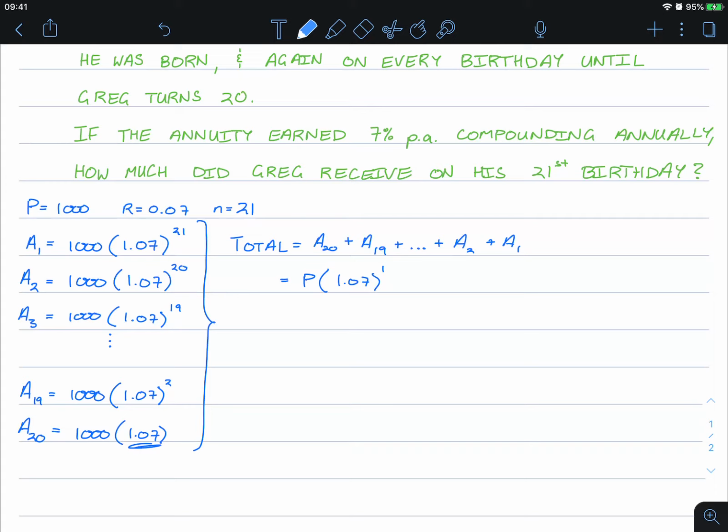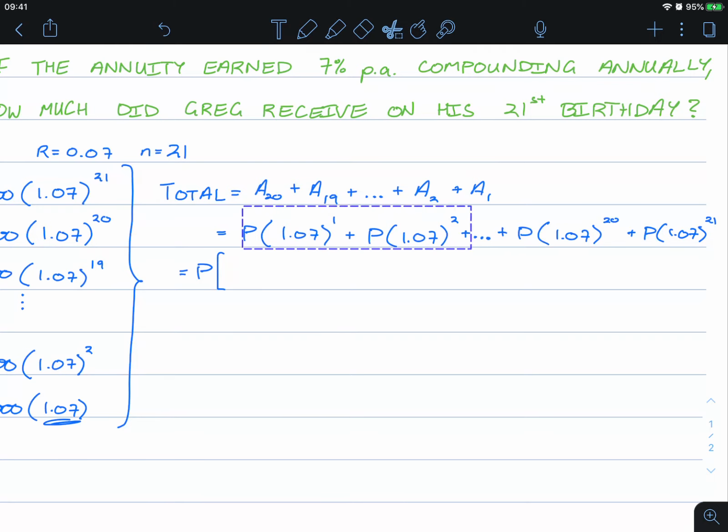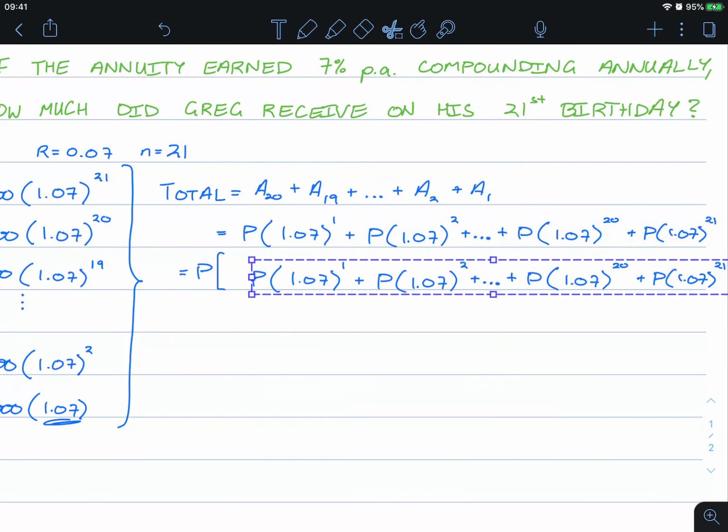To the power of 1 plus P outside of 1.07 squared plus ... P outside of 1.07 to the power of 21. Since every single expression here has P as a common factor, I'm going to factor that out and write all the expressions again.